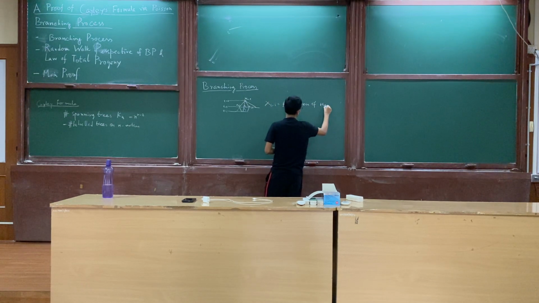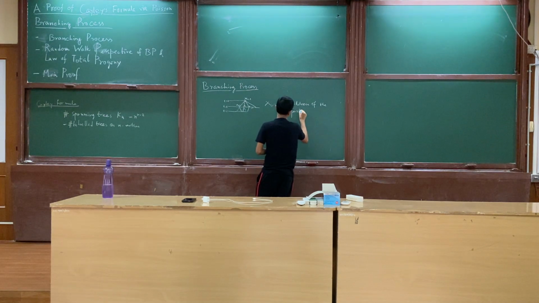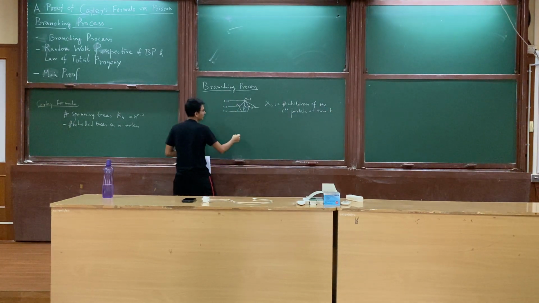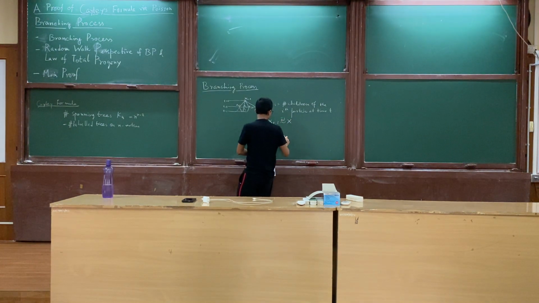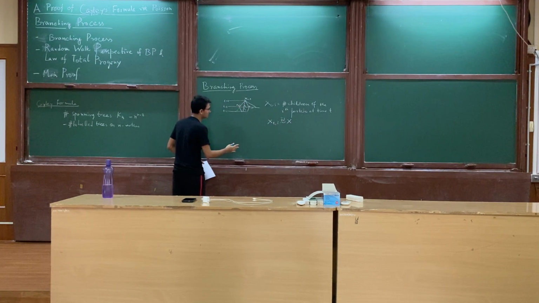of the ith particle at time t, and we take all these X_ti to be IID non-negative integer random variables, of course. Otherwise, this doesn't make sense.